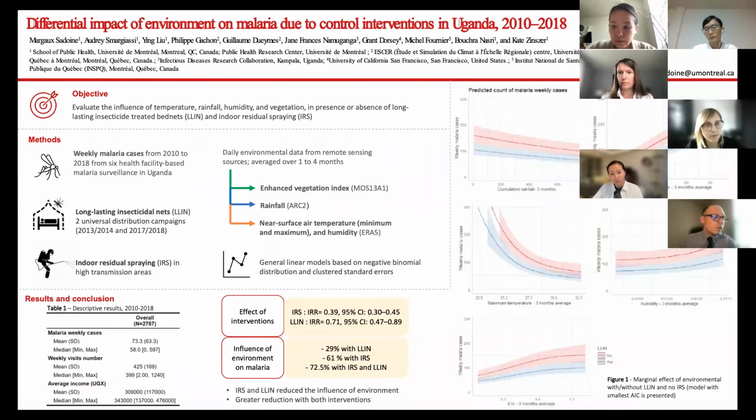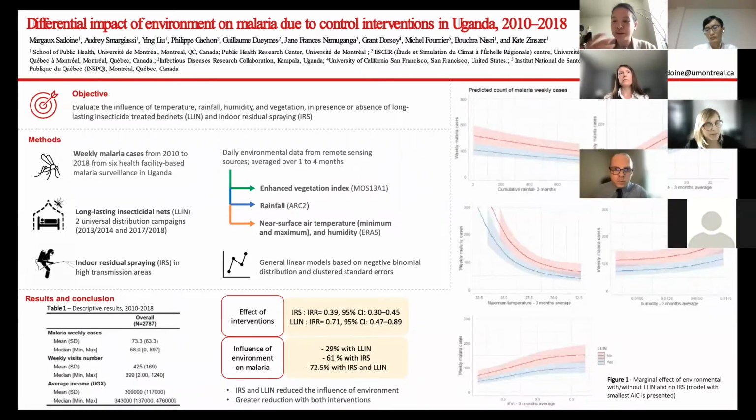In your analysis, are you looking at the impact of IRS or LLIN distribution as an average of all years, or is this something to do with the way you're analyzing the data? I'm so sorry for not having a good understanding of the biostatistics, but how did you handle the change over time in your analysis?